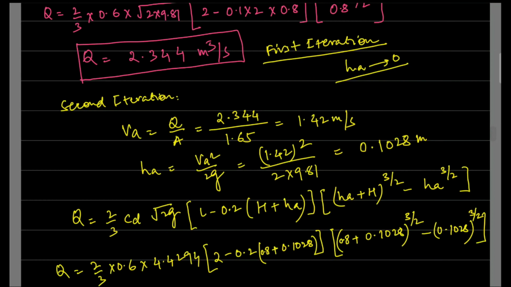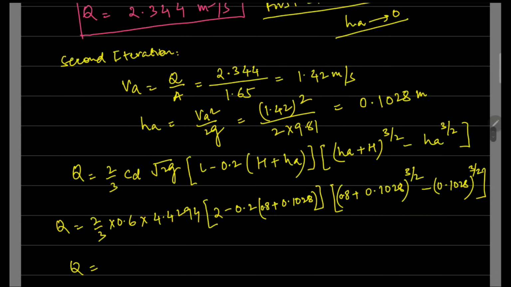After putting all the concerned values, the expression of Q will look like this, and then solving this equation will give the value of Q that is equal to 2.669 meter cube per second.